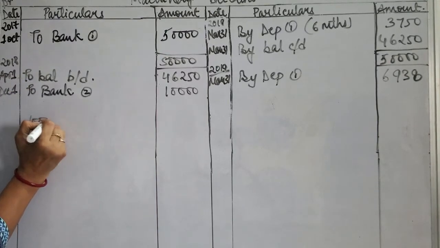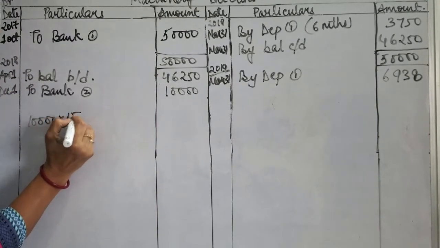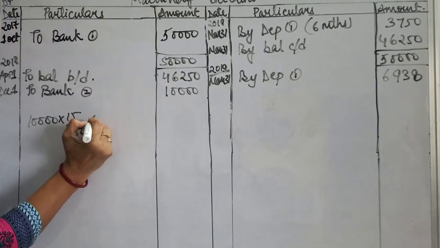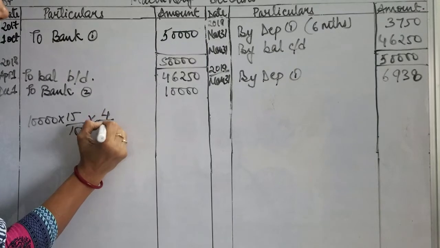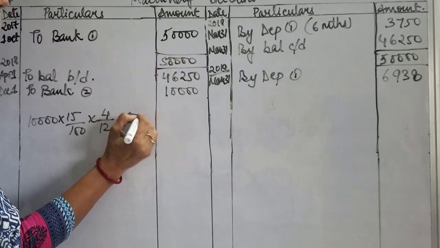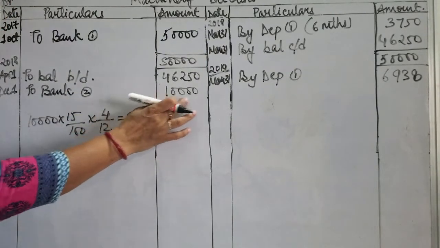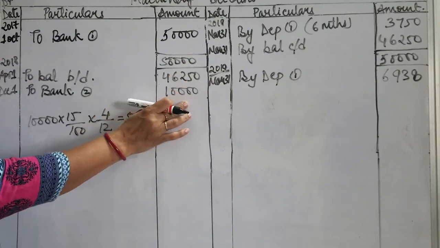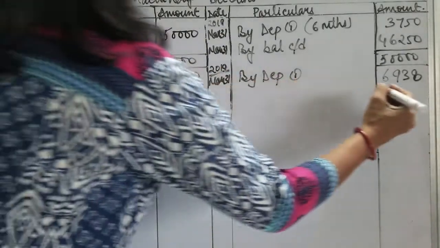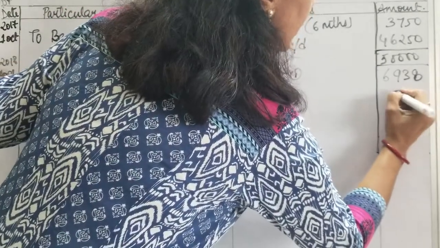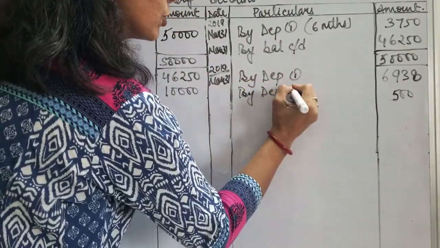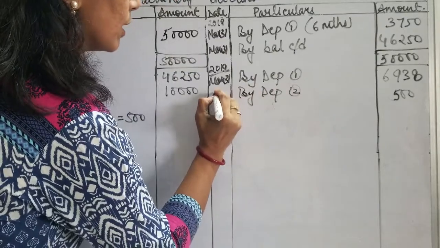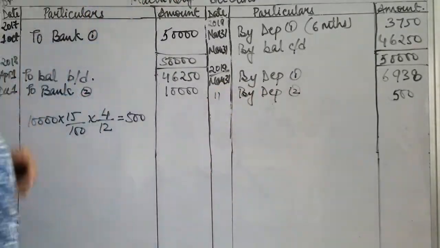So 10,000 into 15% comes to 1500, and 4 months comes to 500. So depreciation on this machinery for 4 months at the rate of 15% will come to 500. Entry will be by depreciation machinery 2 and date is 31st March.